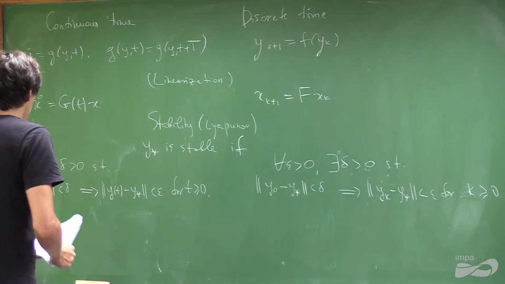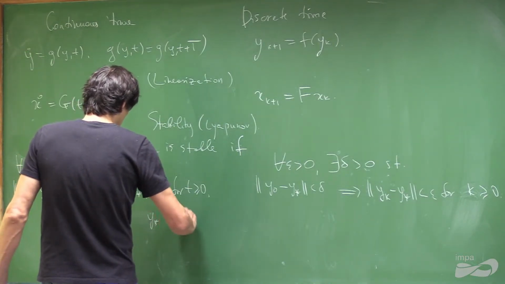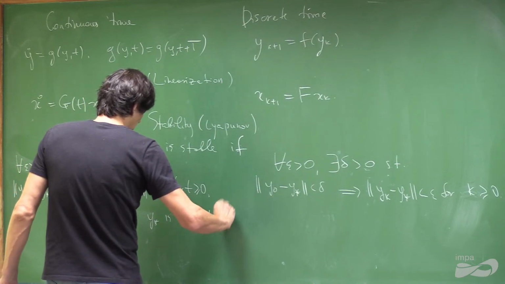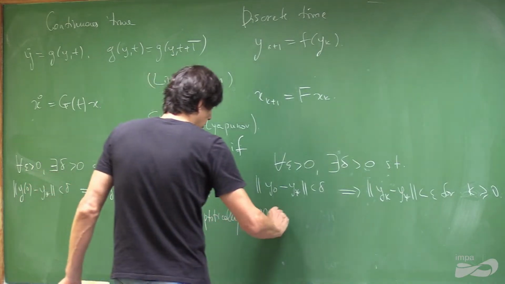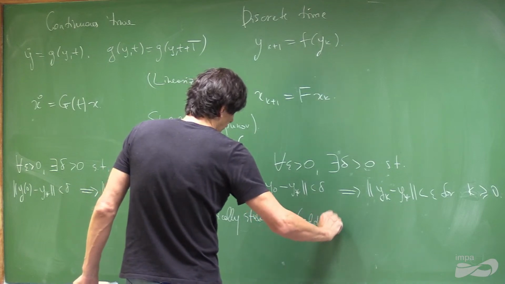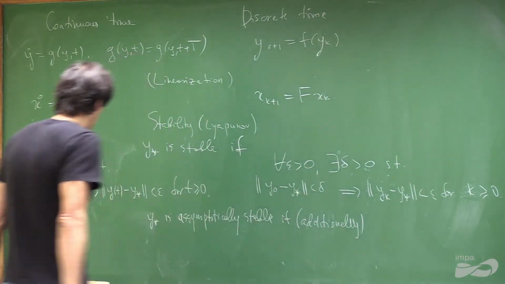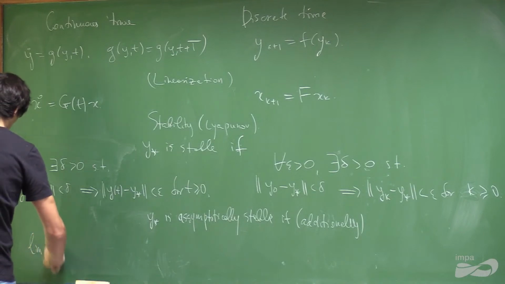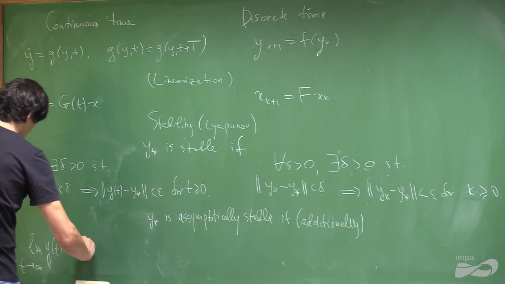And also we can say that y star is asymptotically stable if additionally, we keep all that we have, but the limit of the solution as time goes to infinity is y star.